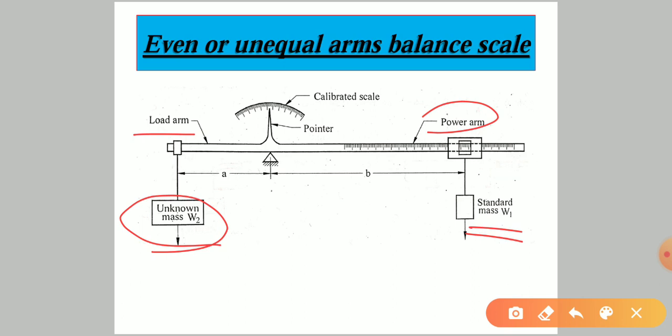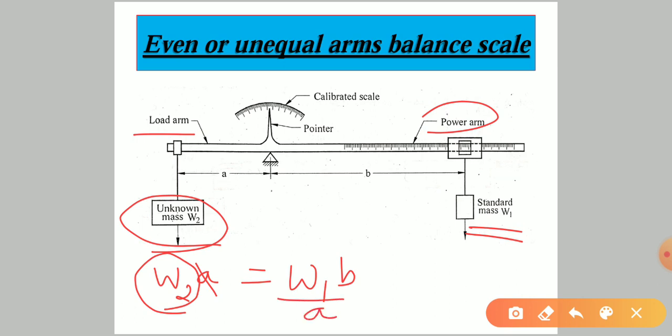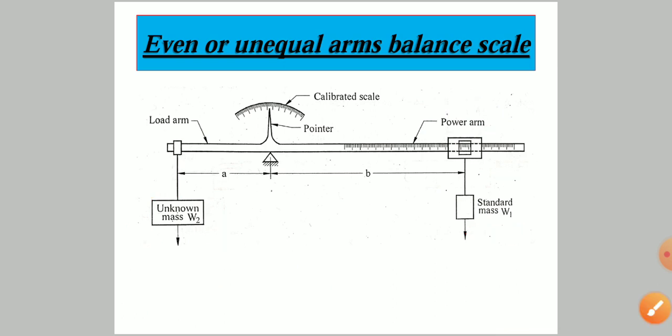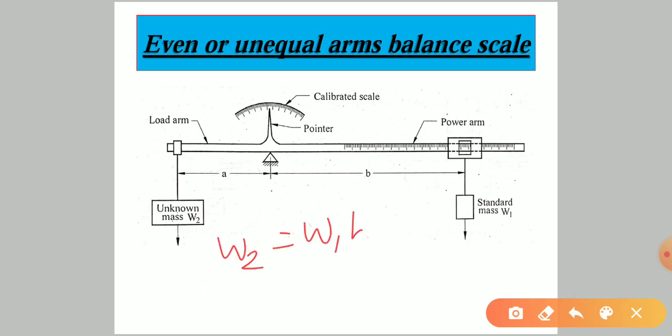At null balance, W2 into A will be equal to W1 into B. We want to measure W2, so it will be W1 into B by A. In this way we can measure W2, which is equal to W1 into B by A.